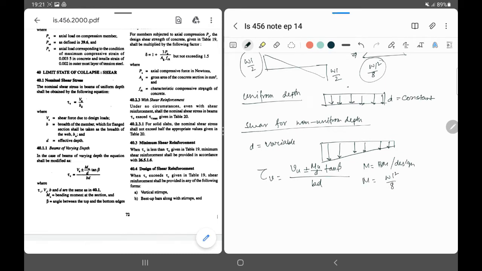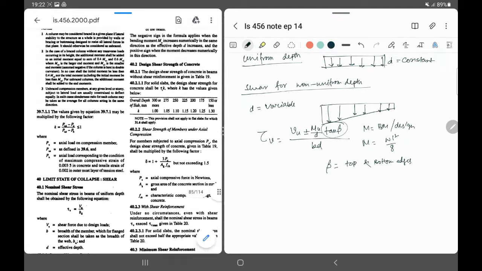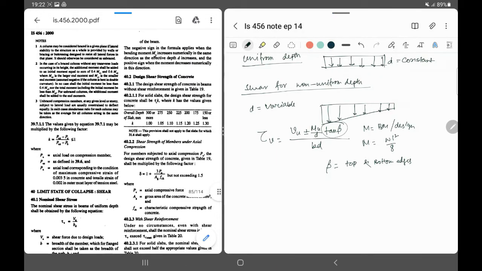Now what is tan beta? Here beta is the angle between the top and bottom edges of the beam. This is the top, this is the bottom, and this angle is beta. I hope that is clear.